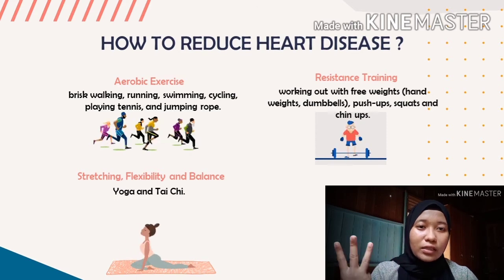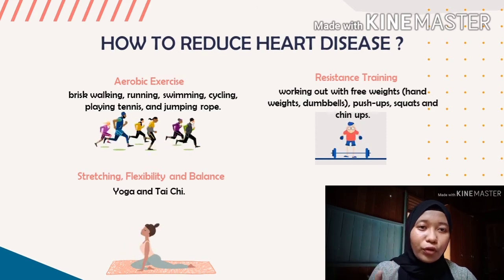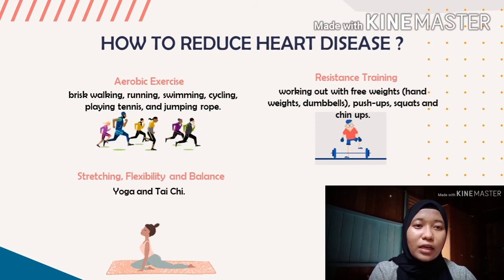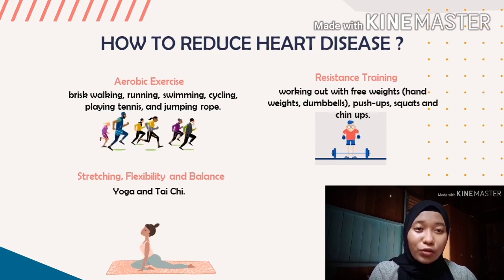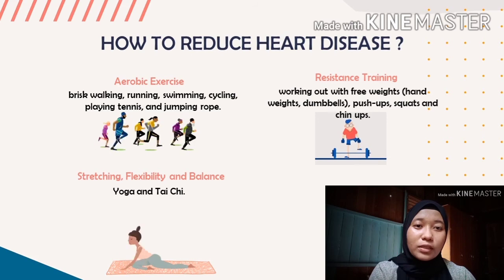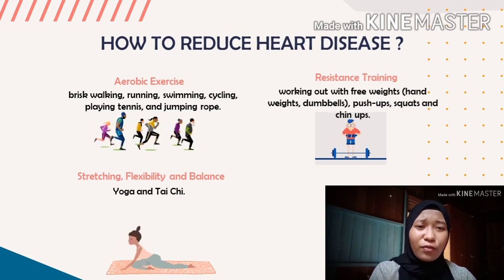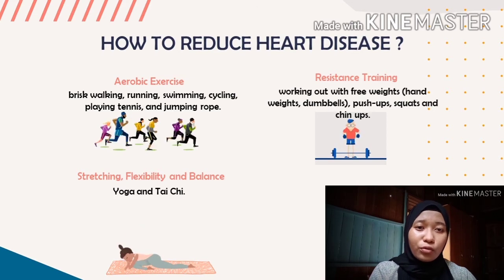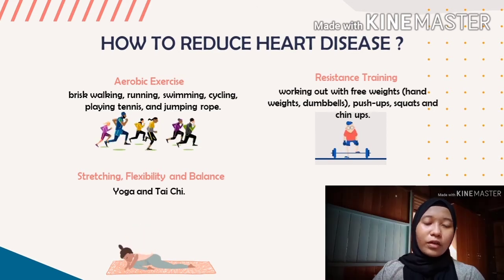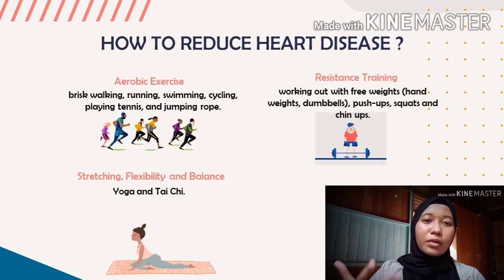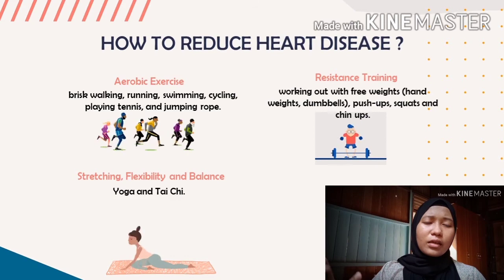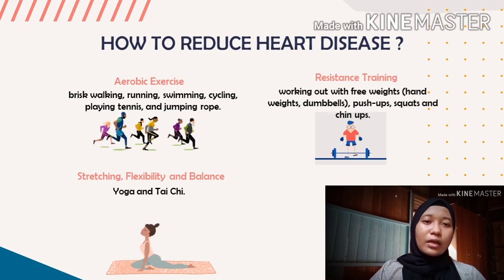Third, it will help your cardiac output, and the last one is aerobic exercise will also reduce the risk of type 2 diabetes, and if you already live with diabetes, it will help you to control your blood glucose. Examples of aerobic exercise that we can do are brisk walking, running, swimming, cycling, playing tennis, and jumping rope. Do this at least 30 minutes per day, at least 5 days per week.